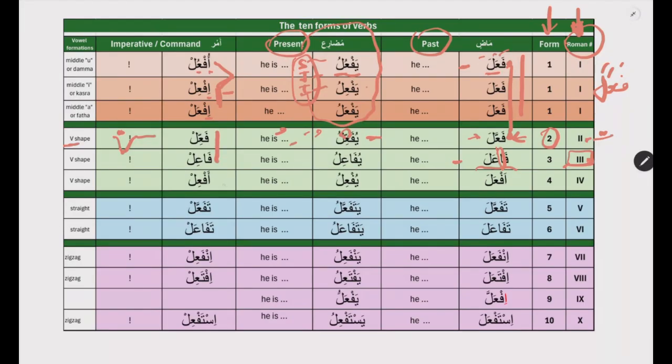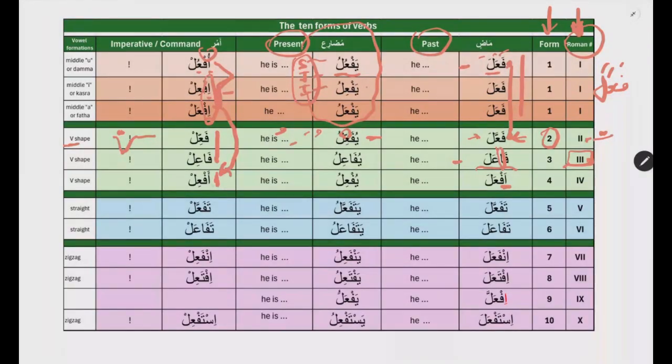This one takes an alif by virtue of it being a form 4 verb with the alif prefix. Here we had alif with dhamma, here we had alif with kasra. So this is the third variation coming in a specific form.